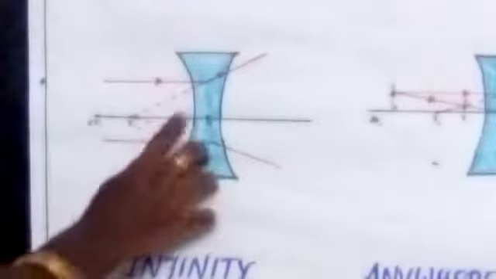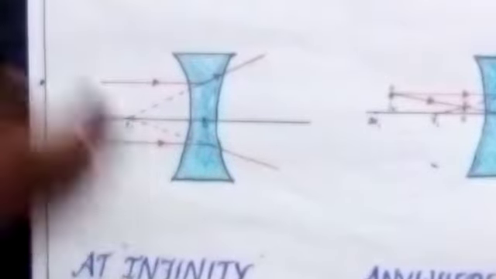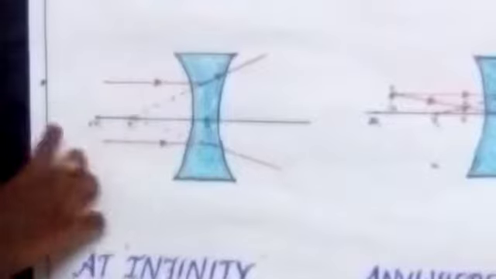As per the rule we studied, when the rays are parallel to the principal axis, after refraction they will diverge back and appear to meet at the principal focus, isn't it? The object is placed at infinity, far away from the lens. The light rays coming from the object are incident on the concave lens.